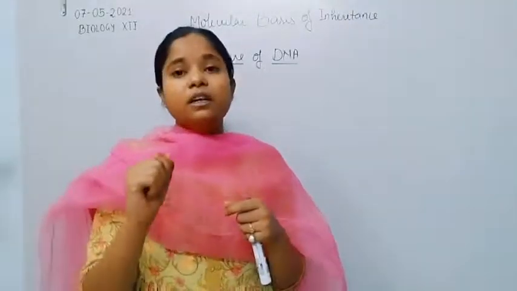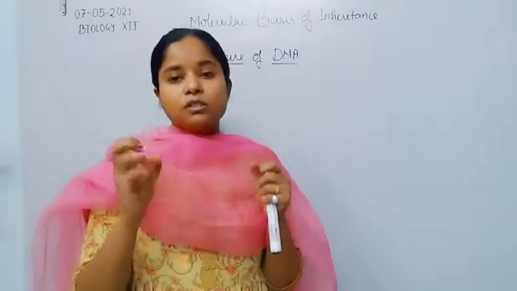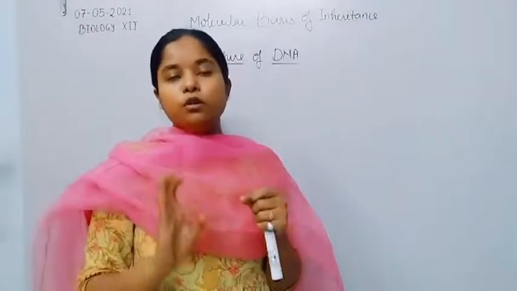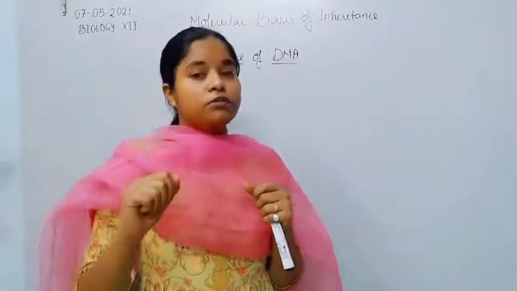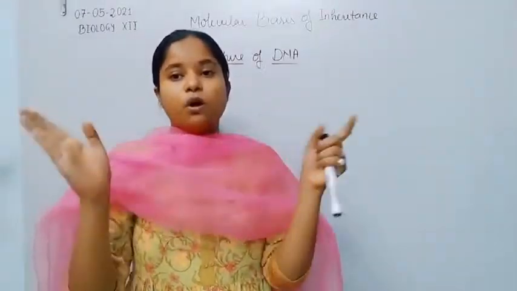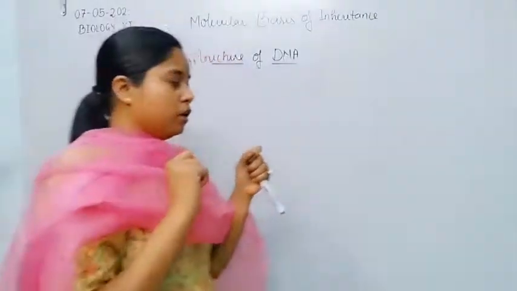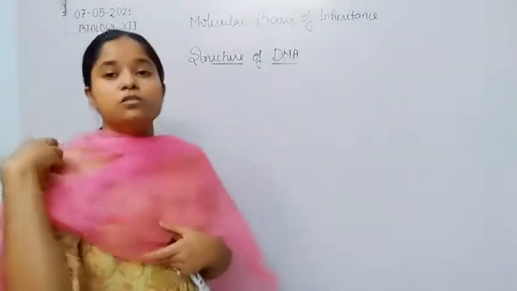But later it was realized that such a large phosphate group, which has four oxygen atoms and also two negative charges, cannot be stable in between the polynucleotide chains. Two such large groups create hindrance or repel each other.